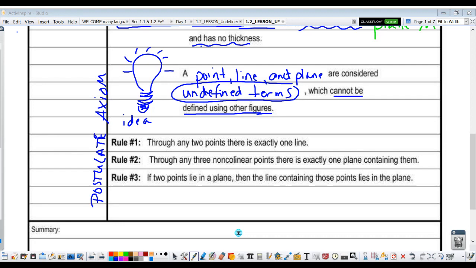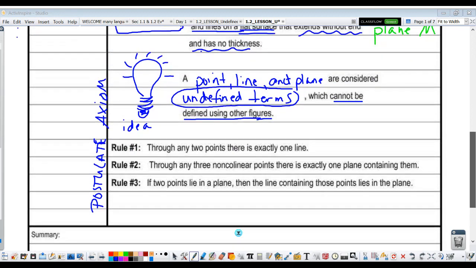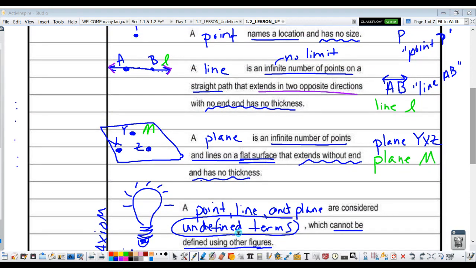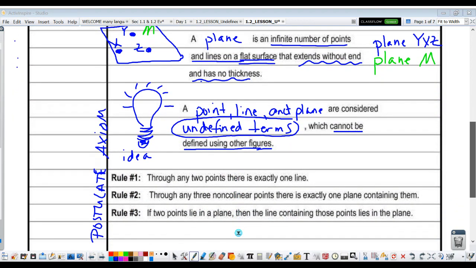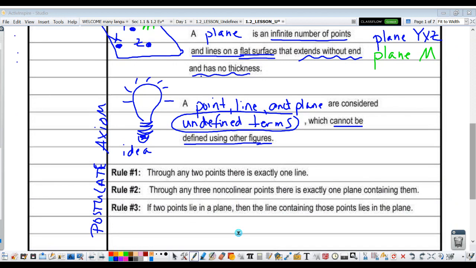So rule number 1, through any 2 points, there is exactly 1 line. So through any 2 points, I can draw a line. Yep, basic, but always gonna happen. Rule number 2, through any 3 non-collinear points. Let's break that word down.